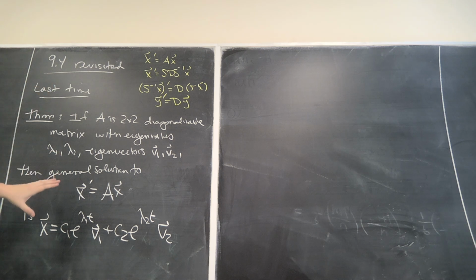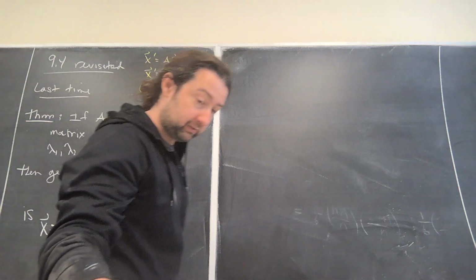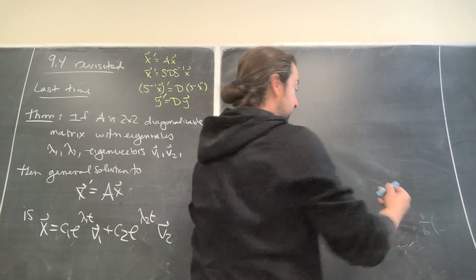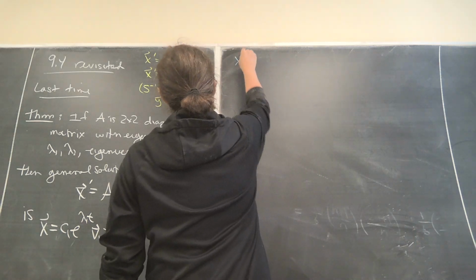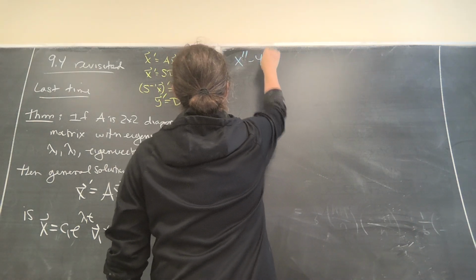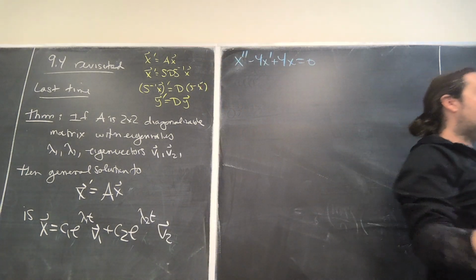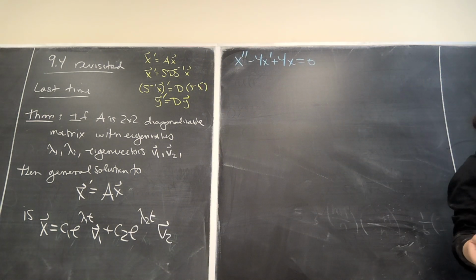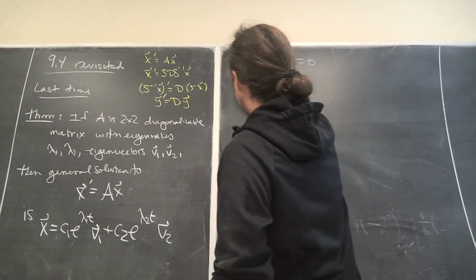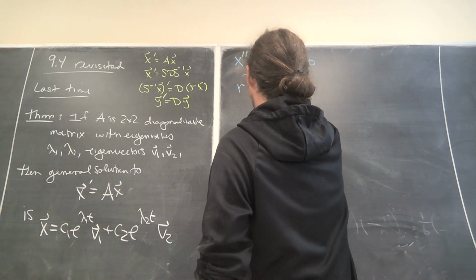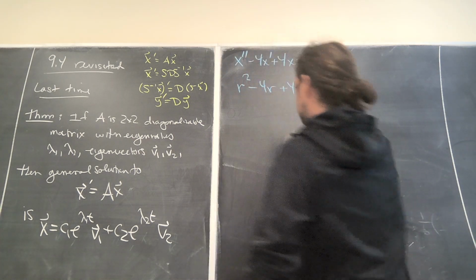If you know this theorem, this is exactly the same as when we use the characteristic polynomial of a differential equation. So this is supposed to be analogous to if I gave you a problem like x double prime minus 4x prime plus 4x is equal to 0. We don't put in a trial solution to that. We just solve it. We write down r squared minus 4r plus 4 is equal to 0.